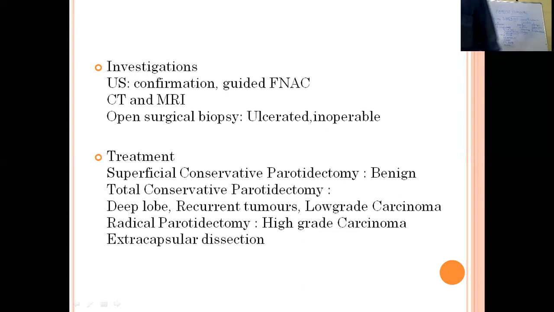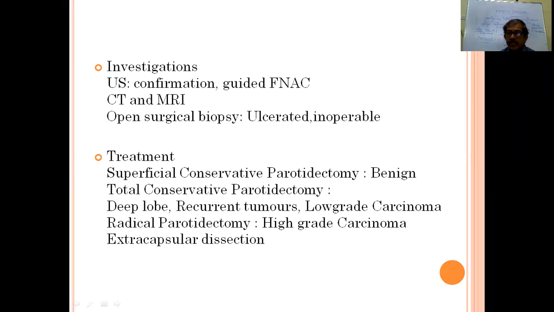So it is also called smoker's tumor. This is one benign tumor which is seen in smokers. That is the peculiarity.